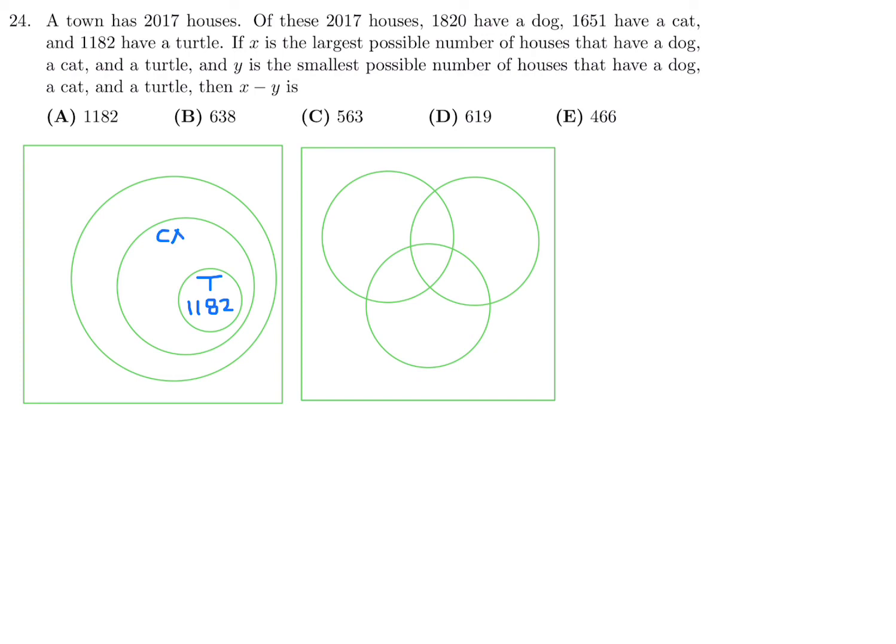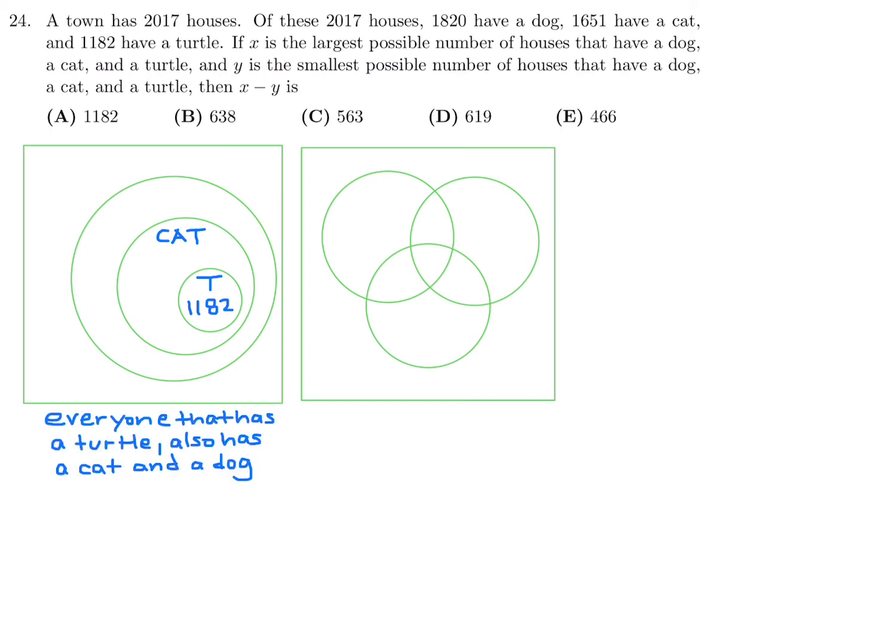So that is going to represent the scenario in which you have the largest possible number of houses that have a dog, a cat, and a turtle. So everyone that has a turtle also has a cat and a dog.